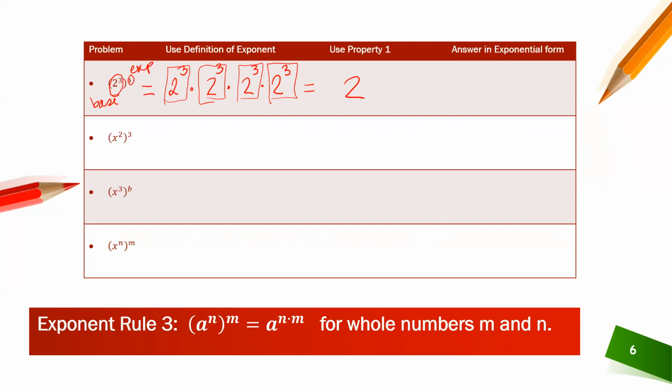So 3 plus 3 plus 3 plus 3, and 2 is my base. And what does this define? Repeated addition is multiplication. 4 copies of 3 means 3 times 4, and that is 2 to the 12th power.